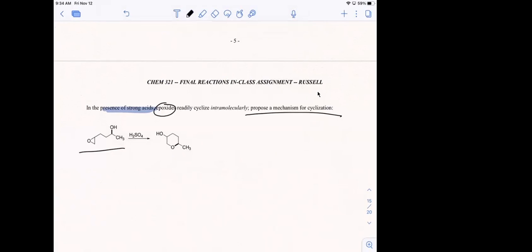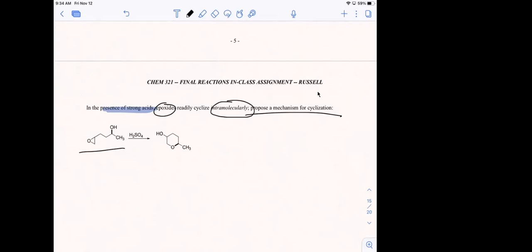So what you have to understand in this case is a couple of things. The first thing is what intramolecular means. What does that mean when we say something happens intramolecularly? It's going to take place within the same molecule.